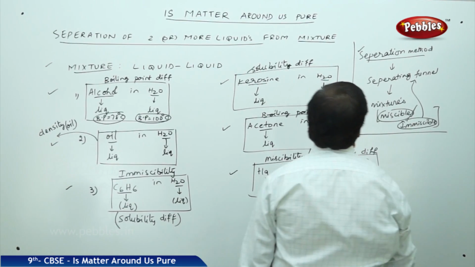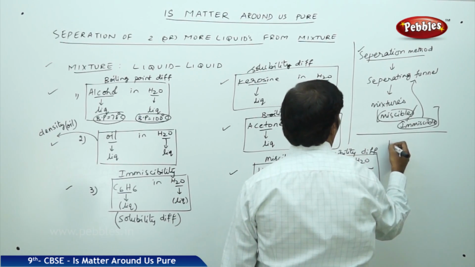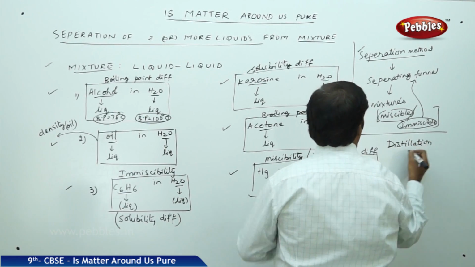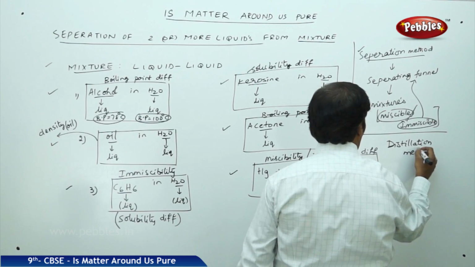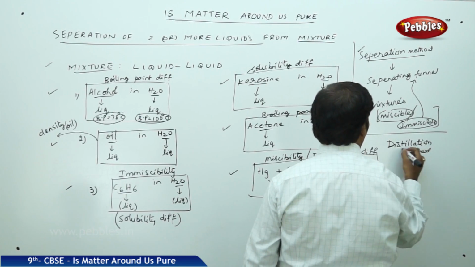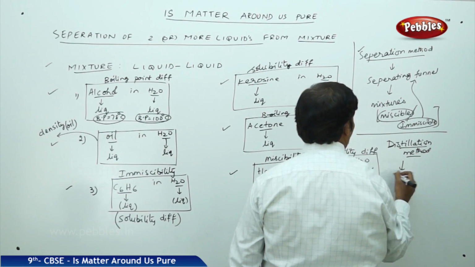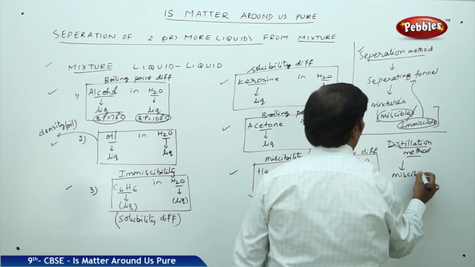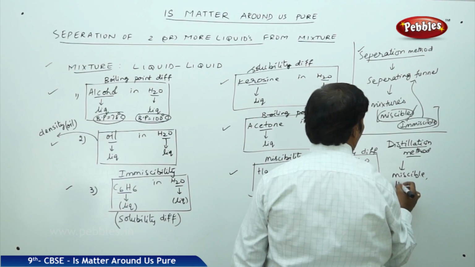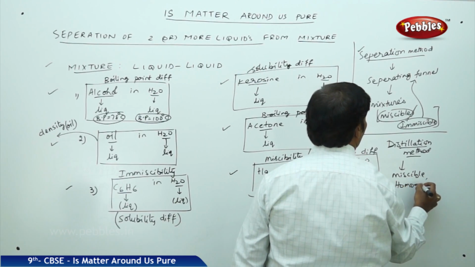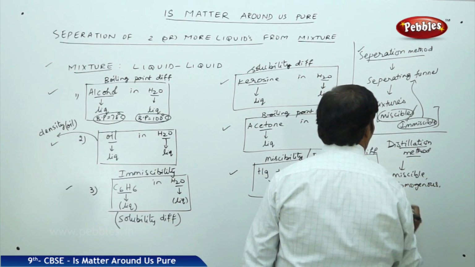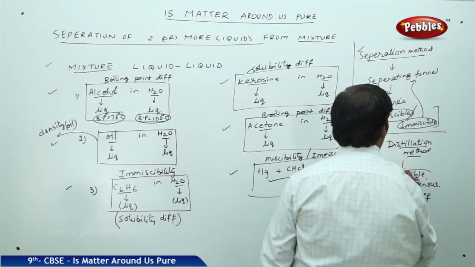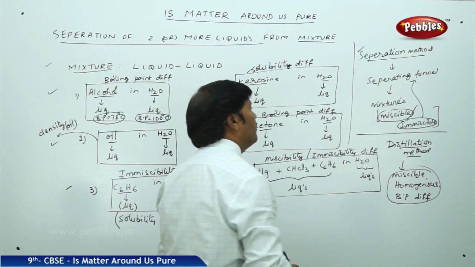Then if you go for the distillation method, the mixture, that is two solutions in the form of a mixture, should be miscible and homogeneous, and if they have a boiling point difference, we can use the distillation method.